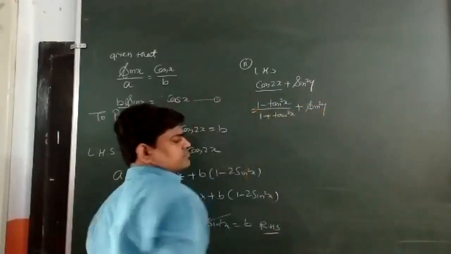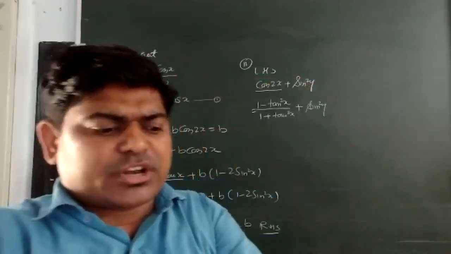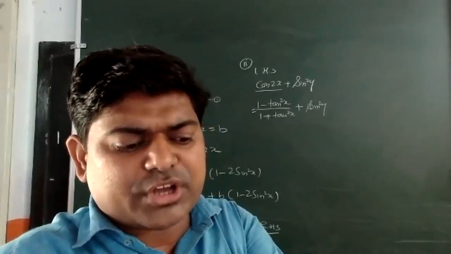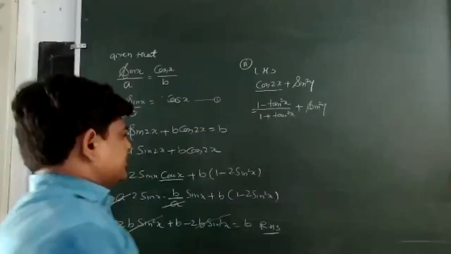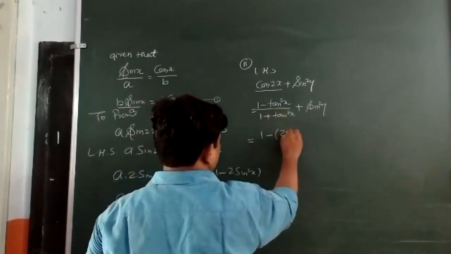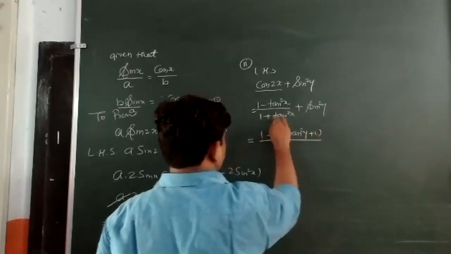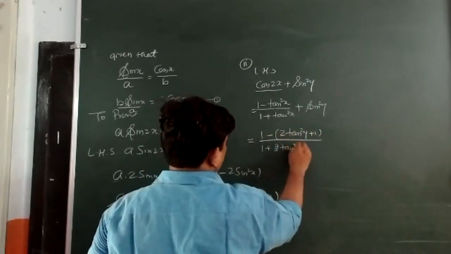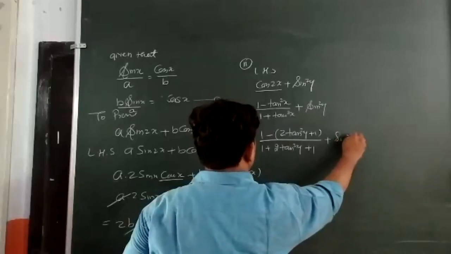Can I do that, yes or no? Now at the place of tan x, whatever has been given, it is given tan square x is equal to 2 tan square y plus 1. Can I substitute? At the place of tan square x in the numerator, I am just going to substitute 2 tan square y plus 1, and in the denominator I am going to substitute 1 plus 2 tan square y plus 1, plus sin square y.